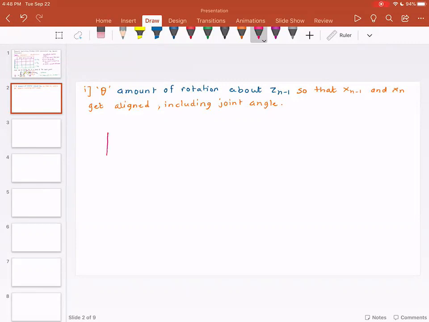Consider that I have Z naught, Y naught, and X naught. This is one frame. I will work out a few problems so it will be clear, but first, I just want to give you a dummy problem.